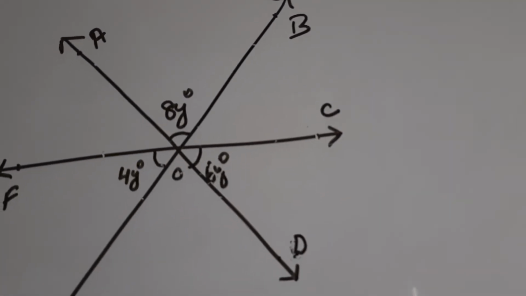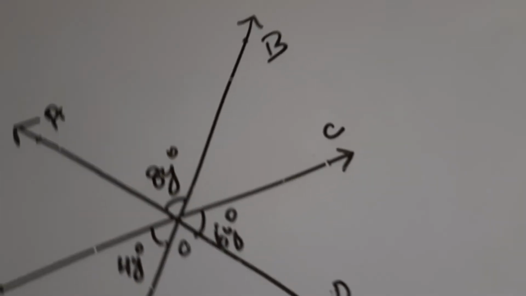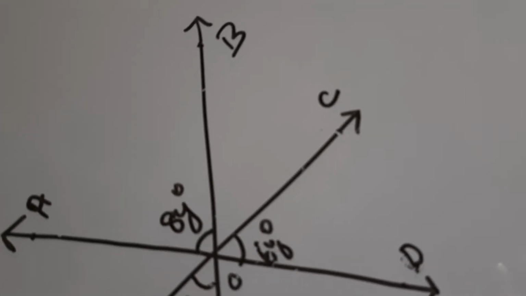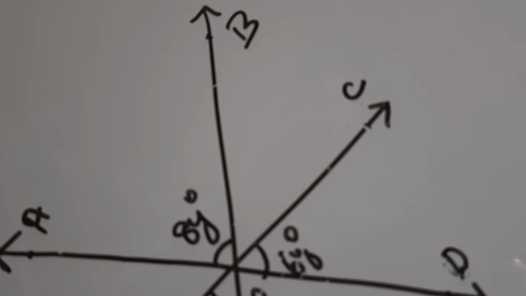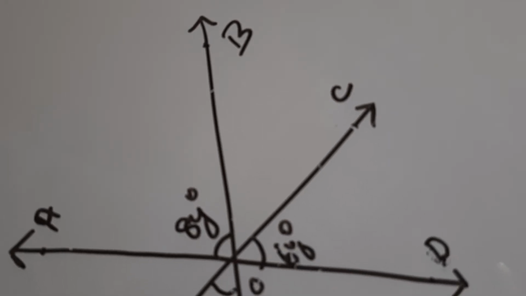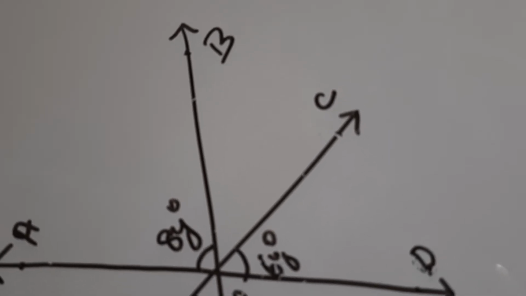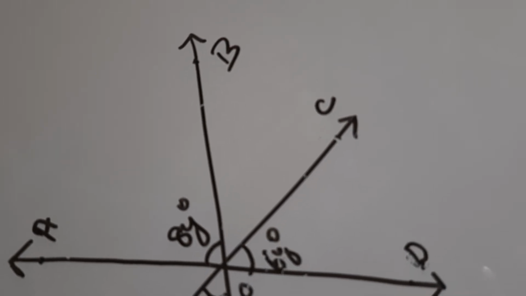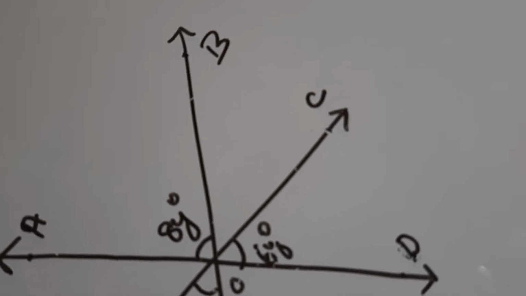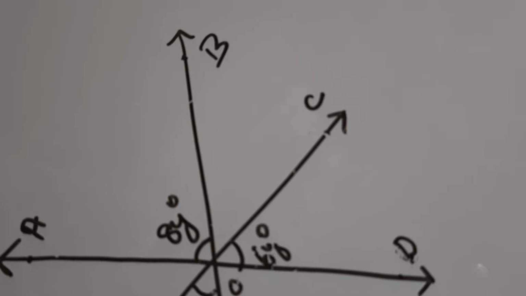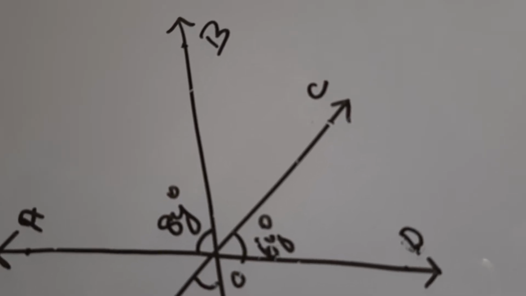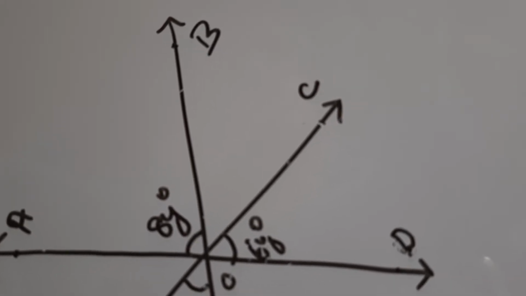Hope it is clear. I'll just tilt the mobile so that it's literally clear. So this is what I'm going to solve. Okay, this part. Clear, children? So angle AOD is a straight angle which has angle AOB, angle BOC and angle COD. Let's solve it.